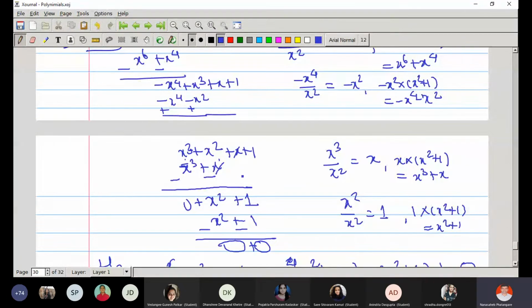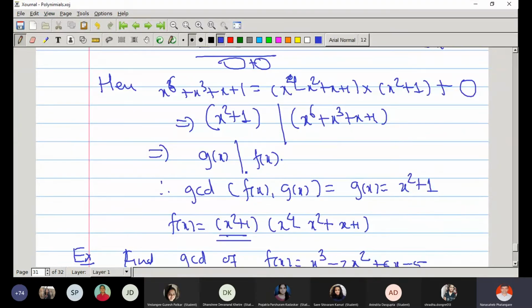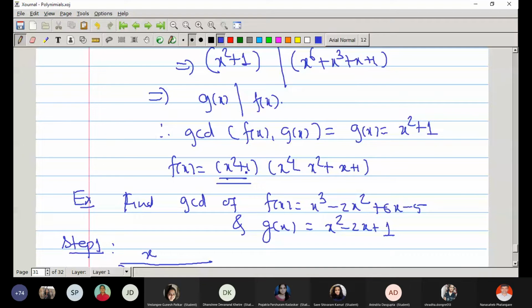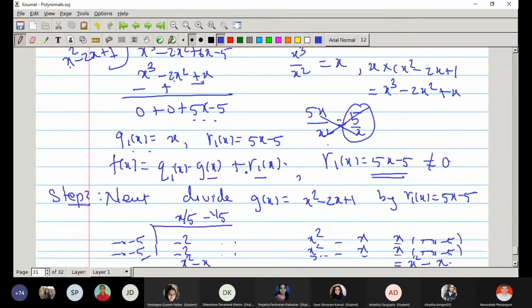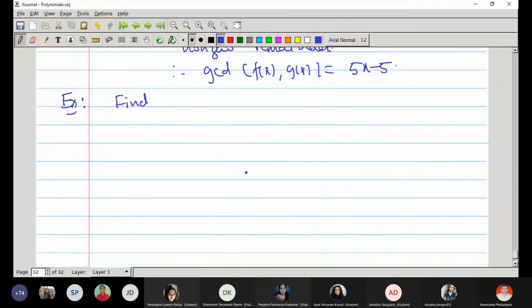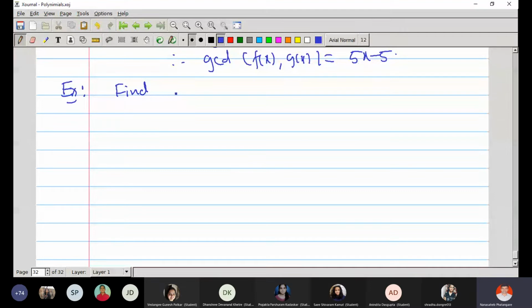Now find GCD of f(x) is equal to x raised to 4 minus x cube minus 2x plus 2 and g(x) is equal to x cube plus x minus 2.